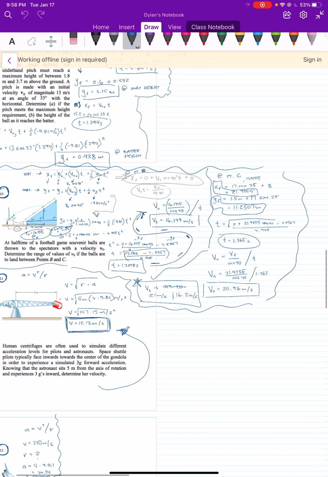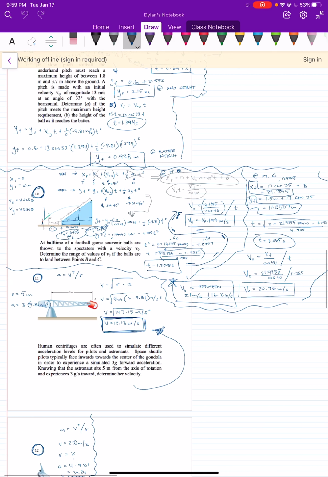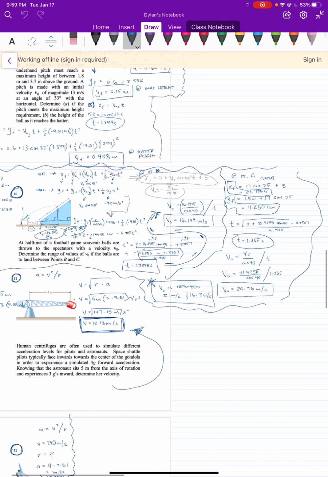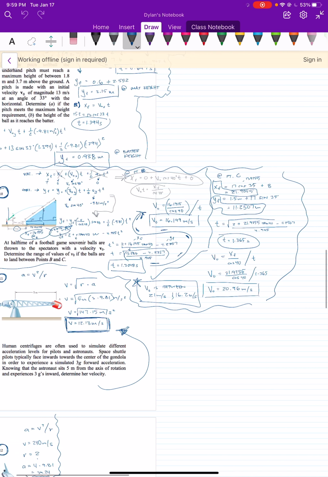Then I was able to repeat the same thing for point C, because I'm trying to find the velocity, or let's see, it asks for the two different velocities. So I needed to find the velocity at point B and point C to see at what velocity the person had to throw it to get in between those two.